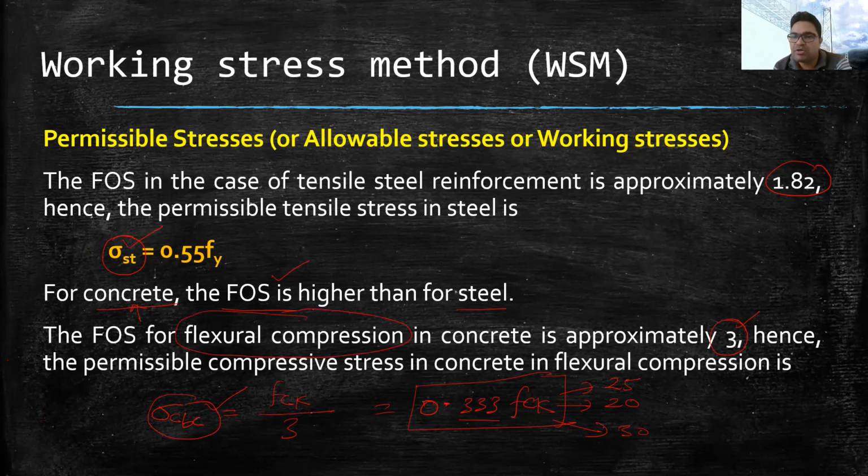In case there is a flexural compression, well, there is this new term flexural compression. We need to understand what is flexural compression or flexural tension. Say this is a body, and if it is allowed to stretch, this will become axial tension. Or if we try to compress it, this will become axial compression.